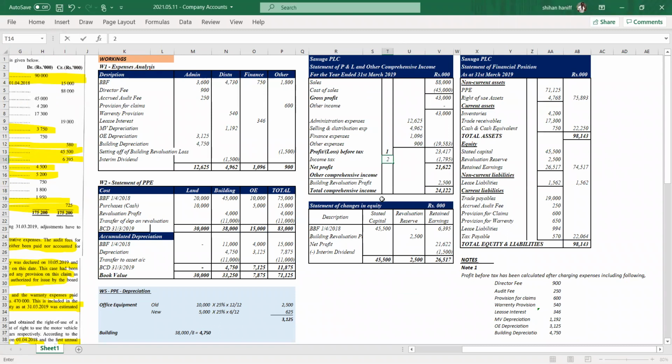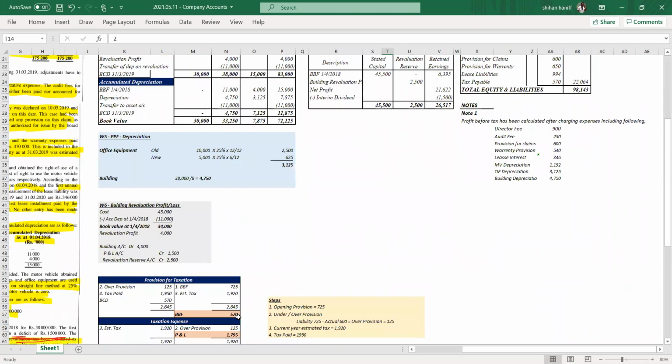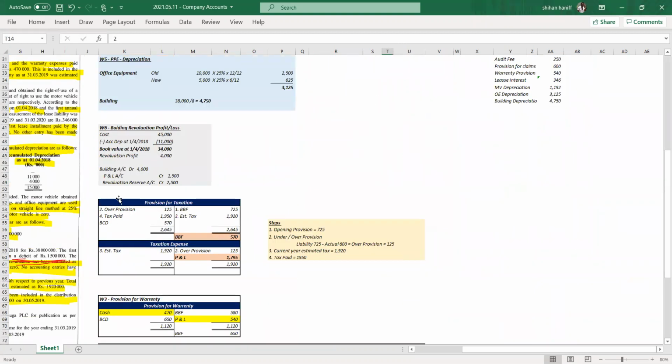Income tax also, if you want, you can have a note. Here, note number 2.